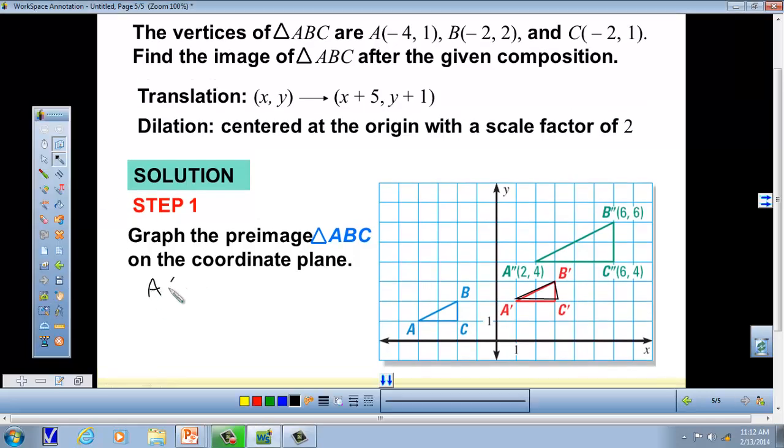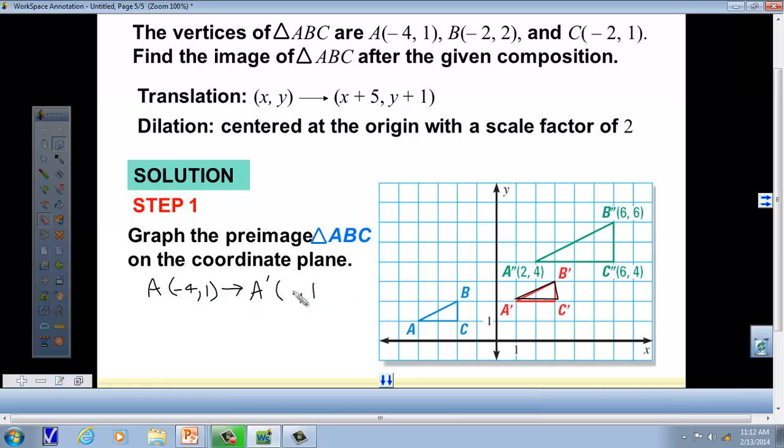We had A at -4, 1, and that became A prime, which was -4 plus 5, which is 1, and 1 plus 1, which is 2. I'm sorry, they're absolutely correct, and I'm wrong. 1 plus 1 gives us 2 there.